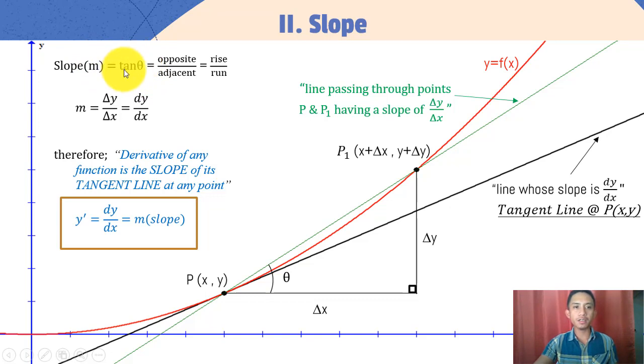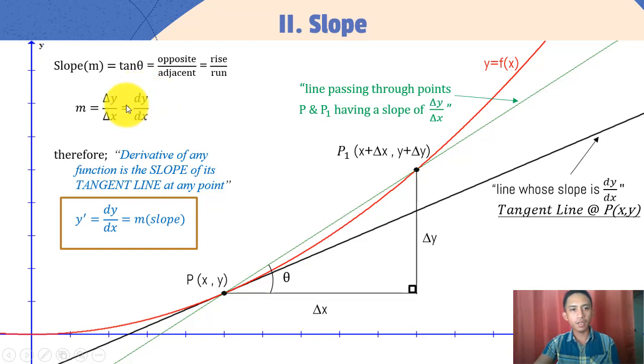And tangent, in your trigonometry, is just opposite over adjacent. Opposite is the leg in front of the angle, and adjacent is the leg connected to the angle. Opposite over adjacent, so that is just delta y over delta x. And as I told you a while ago, isn't it that delta y over delta x is the same as dy over dx, or the derivative that we are talking about?